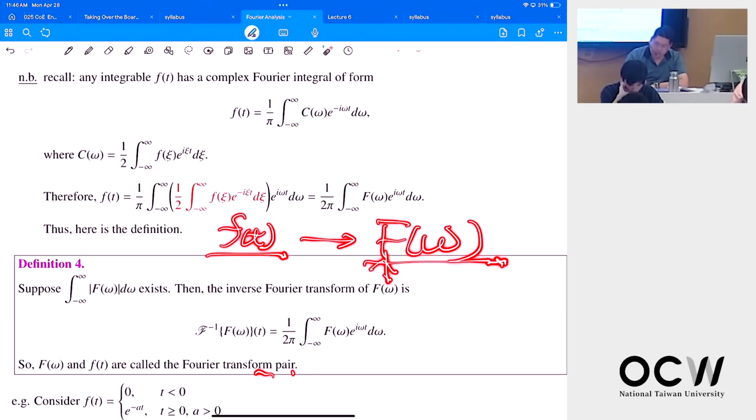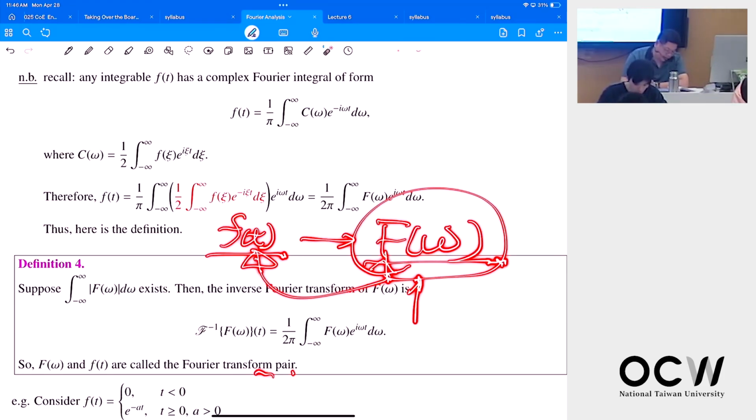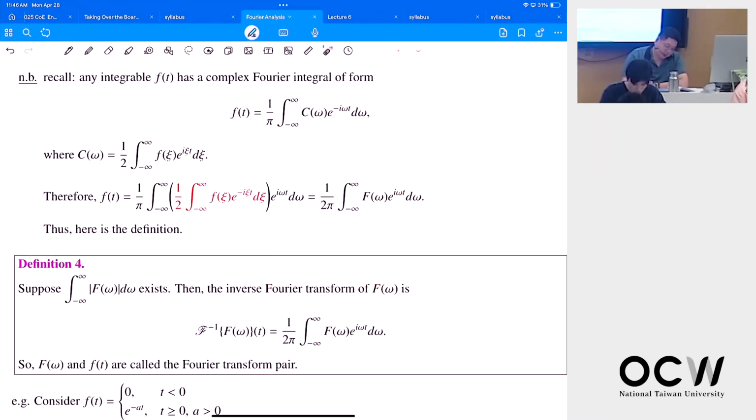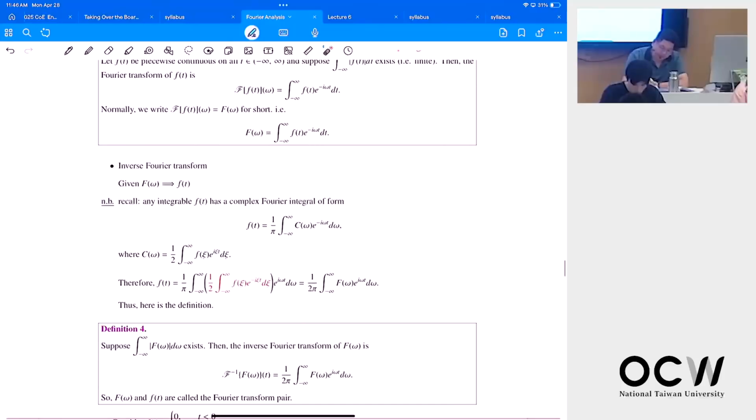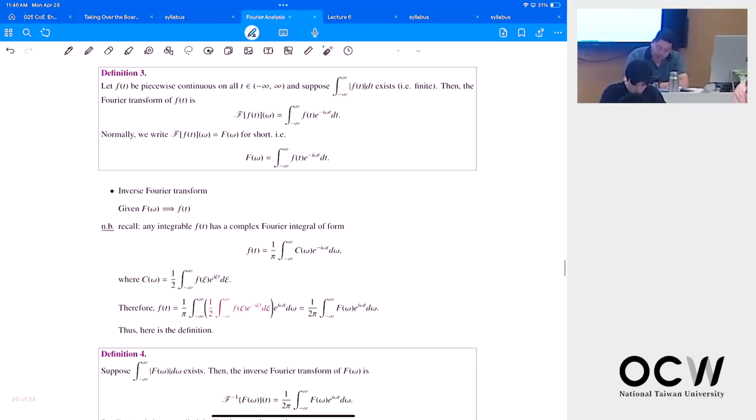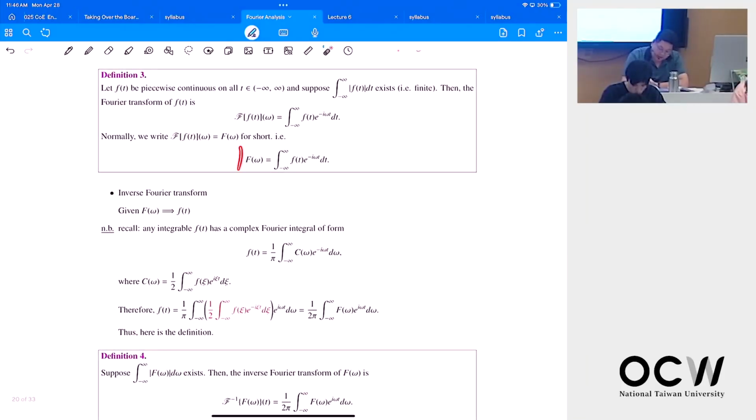Once you have a function in frequency domain, then taking the inverse Fourier transform, we can get the function in time domain. If you are hearing this transform for the first time, then just first follow the definition. We have a transform, Fourier transform, and this is the formula for a Fourier transform.